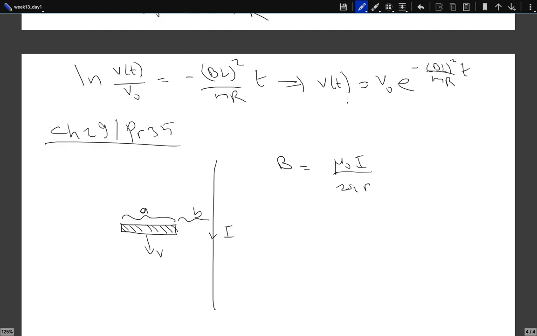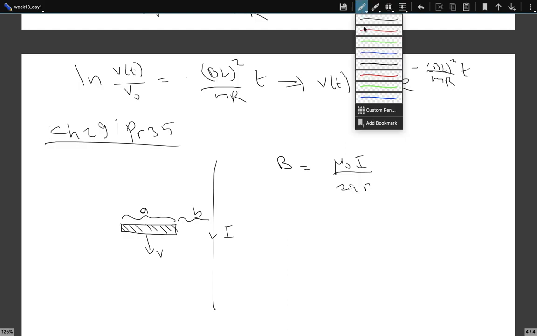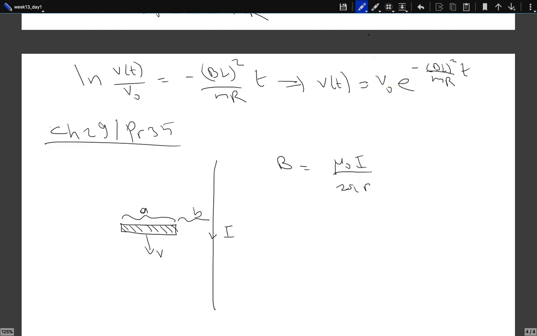Now the trick is, as usual, if there is something changing, and if you know the answer for something that is constant, you divide your extended system into very small parts. Within each one of these very small parts, B is constant.